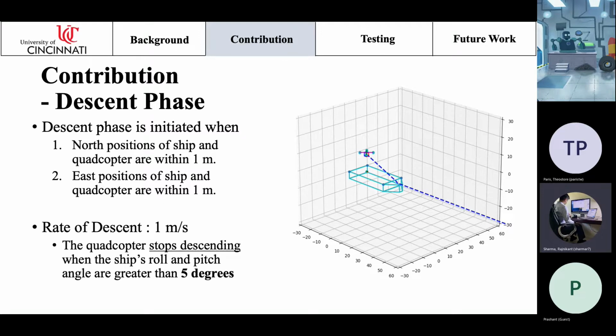One protocol that we added is that since the boat's pitch and roll are constantly changing due to the wave, we have implemented a mechanism where if the roll and the pitch of the boat is above 5 degrees, the quadcopter will maintain its current altitude, and then it will wait for the boat's motion to settle down, and then it will start descending again.